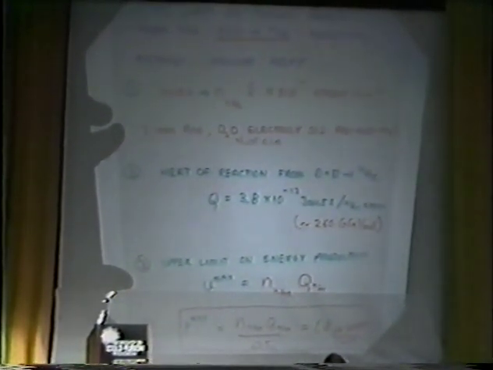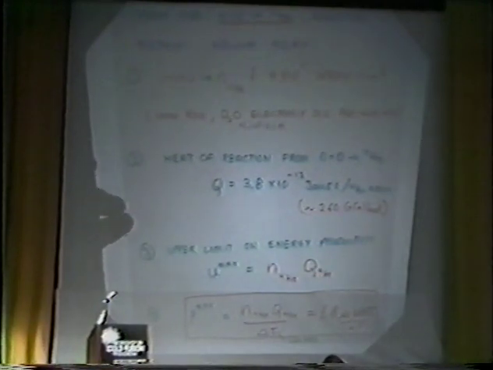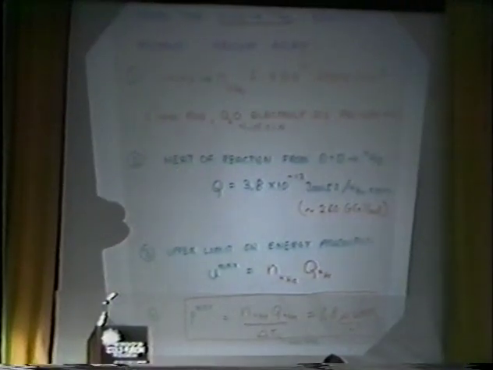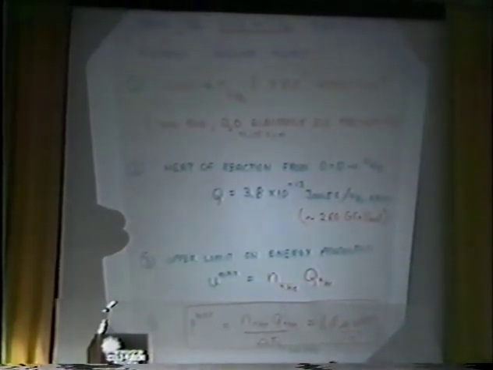The absolute detection efficiency is 4 times 10 to the 11 atoms per cubic centimeter. We can calculate the heat of reaction from DD goes to helium-4 to be 3.8 times 10 to the minus 12th joules per helium atom formed. For chemists, that's a staggering number of 260 gigacalories per mole. The upper limit, then, on energy production is shown here.